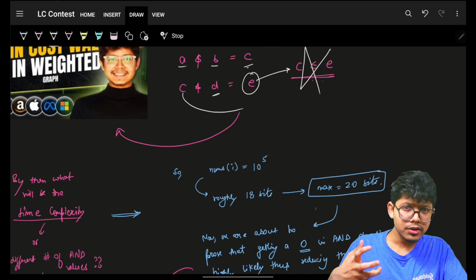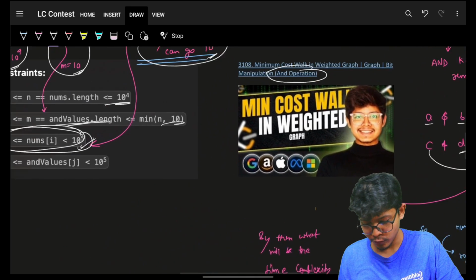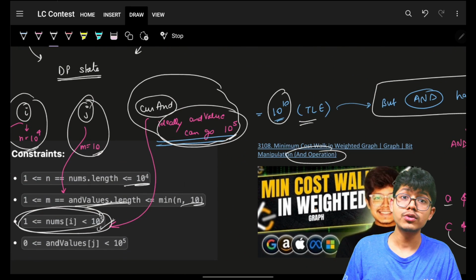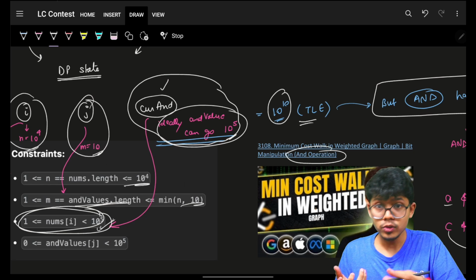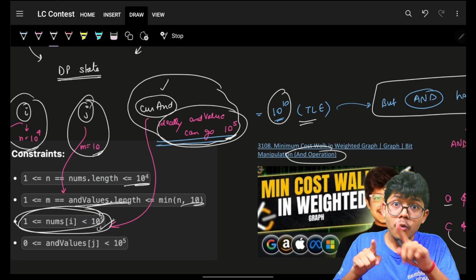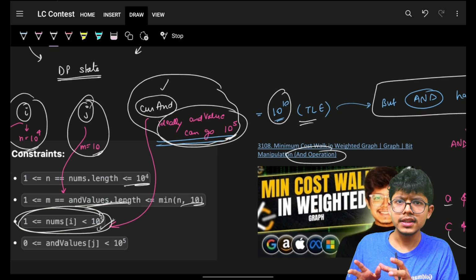Now, why am I telling you this? This is just for you to know how you will prove how many distinct AND values can be there. Although the AND value itself can be 1e5 or can be large, how many different AND values there are, that defines our DP length, right?